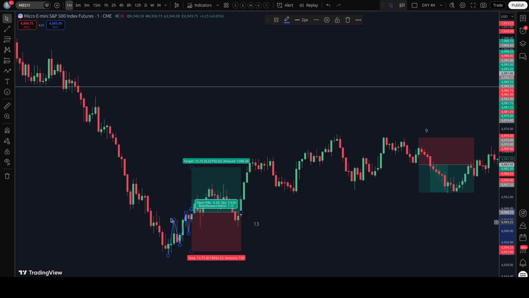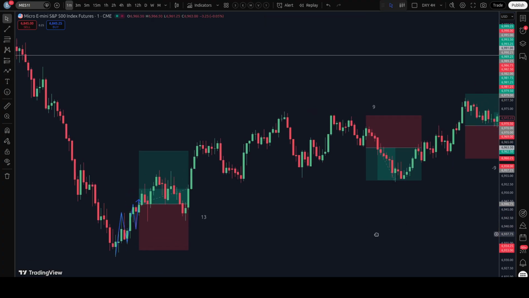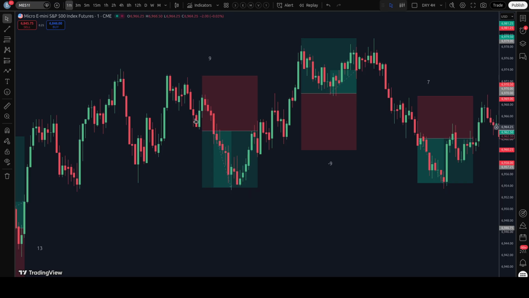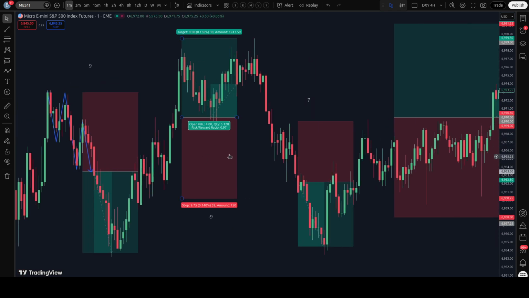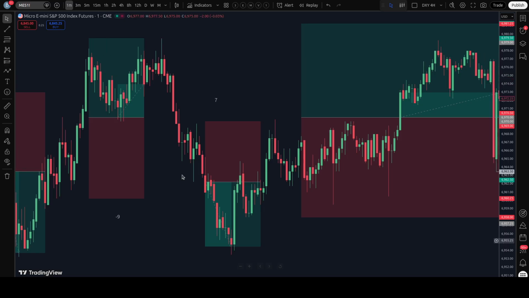Nice and tight. That's the way you want it right there. 13-point winner, 9-point winner here. Nine-point loser, 7-point winner. Nice and tight right here.